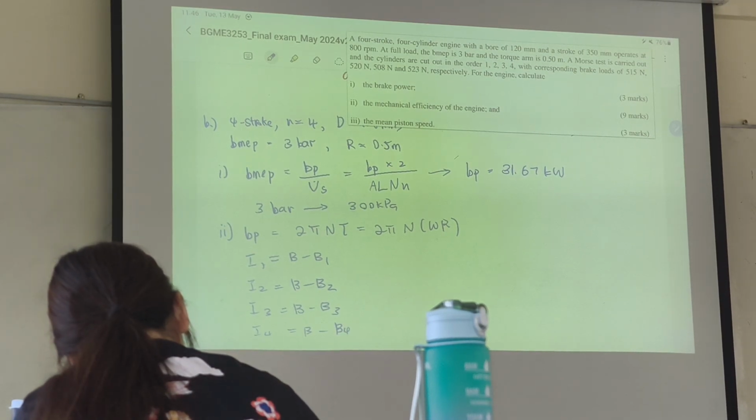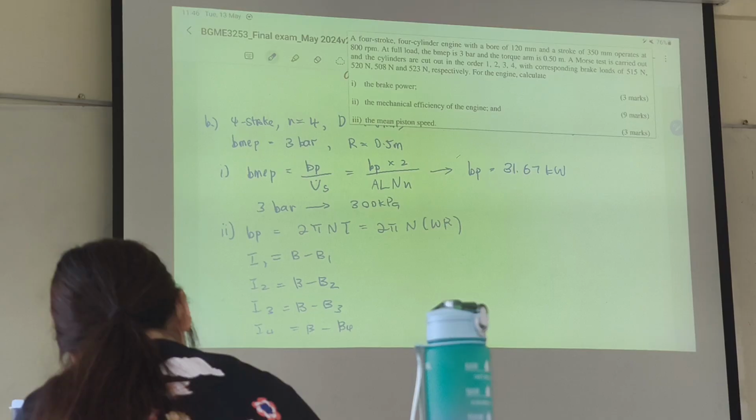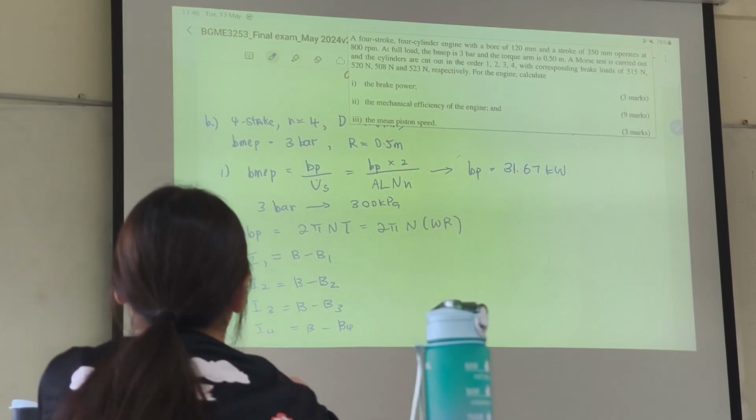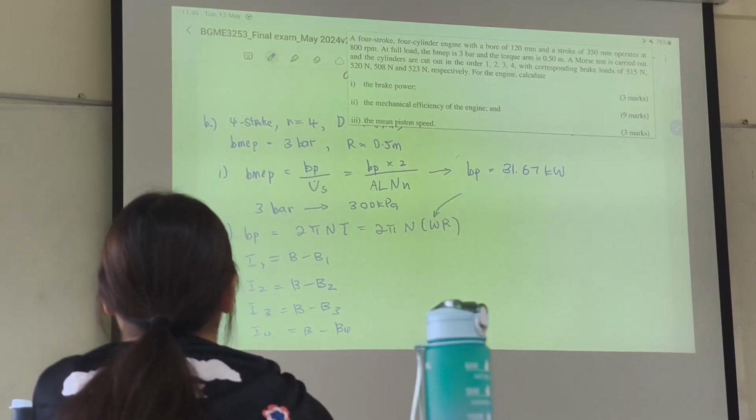So we need to find out what the capital B is here. Since B is given in terms of Newton, which is the load, this is your B.